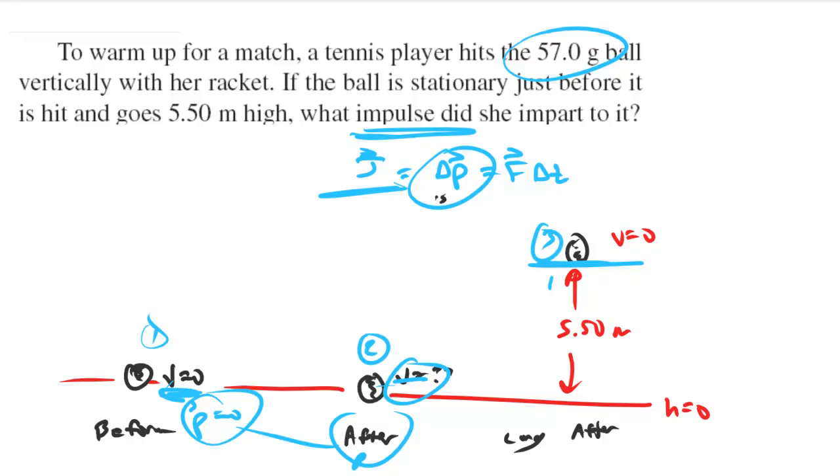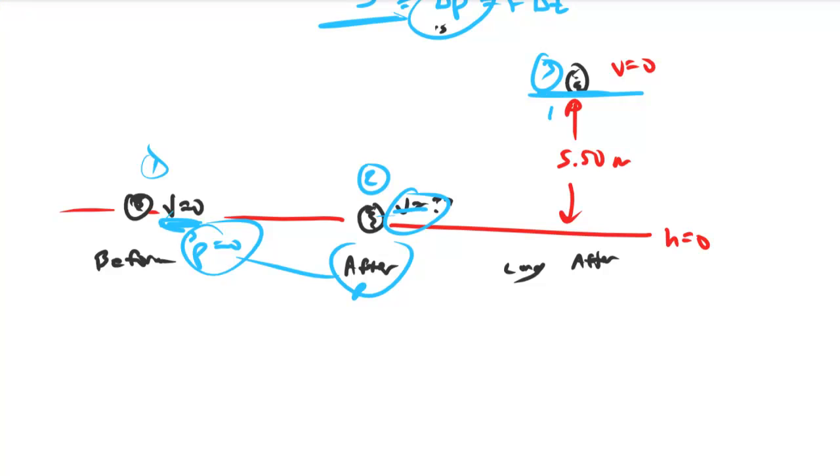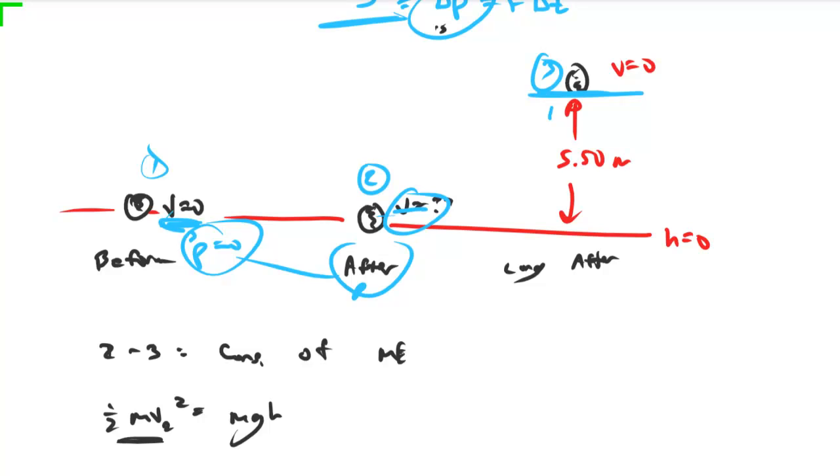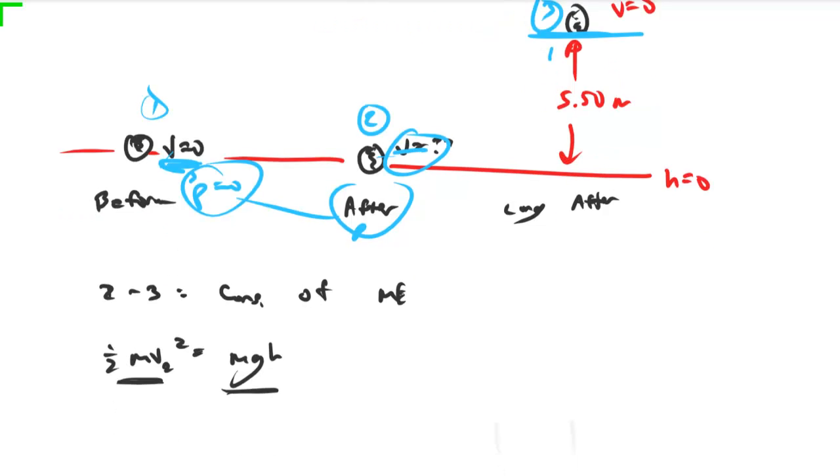So using conservation of energy from 2 to 3, we'll use conservation of mechanical energy, and what we end up with here is that 1/2 m v2 squared is equal to mgh, right? We only have kinetic at point 2 and only have gravitational potential at point 3, and we have the h there, right?